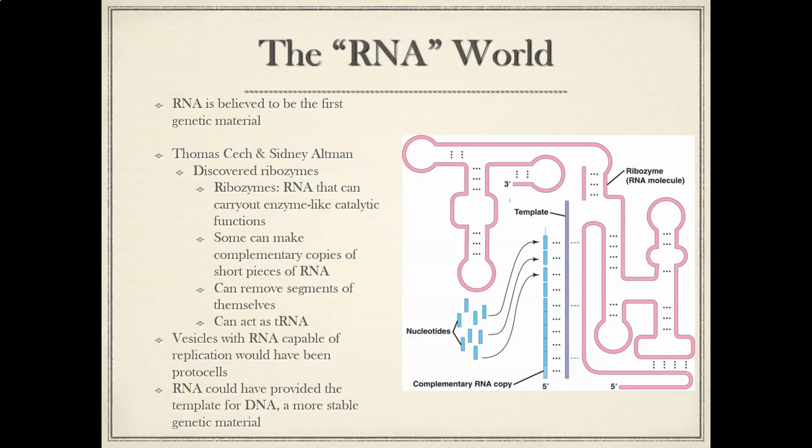And so now we've gotten to the point where we have accounted for all of those four processes that would have needed to take place in order for life to form. We believe that RNA probably came first. It's more simplistic, not only because of this catalytic function and the ability to replicate itself, but the structure of the molecule is a little more simplistic.